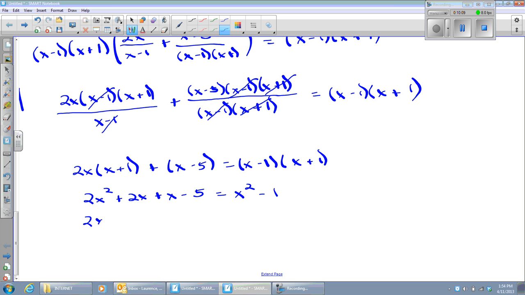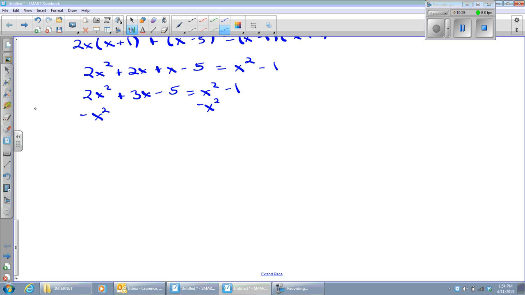So 2x squared plus 3x minus 5 equals x squared minus 1. I am going to just subtract the x squared on both sides. Okay, so now I just have 1x squared plus 3x minus 5 equals negative 1.